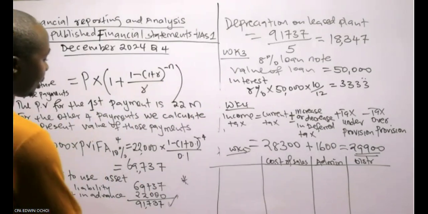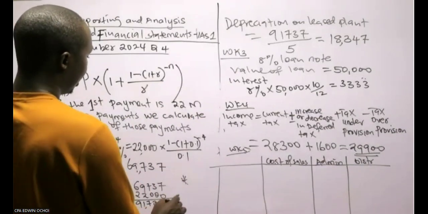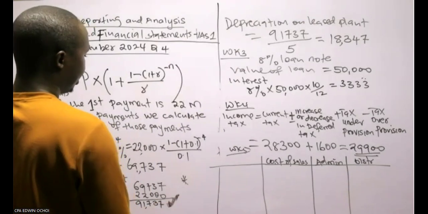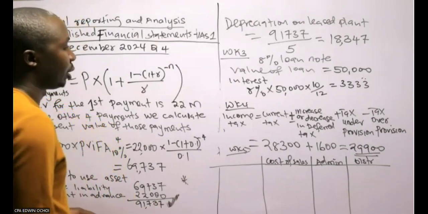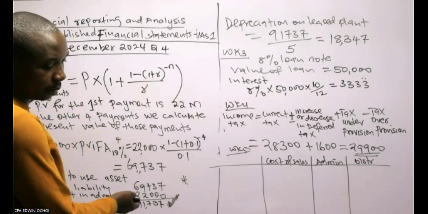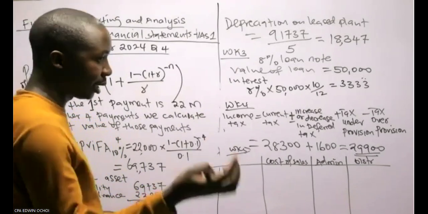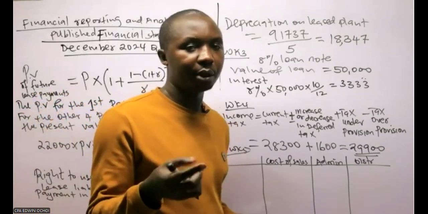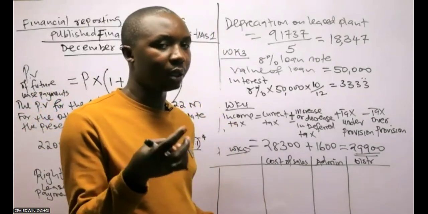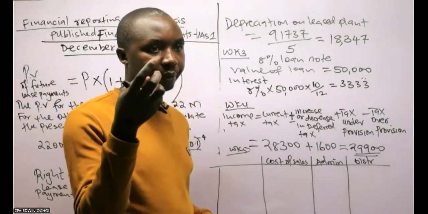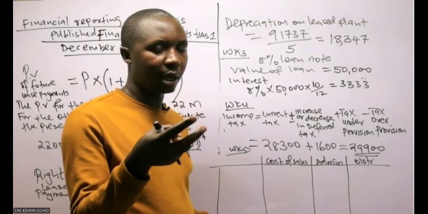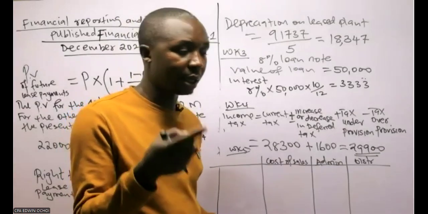So remember that after doing this, we need to do a lease amortization schedule. Because why am I doing this analysis? Once we do it, I will be able to determine the interest, the short-term liability and long-term liability. Interest goes to the income statement, short-term liability under current liability, and long-term liability as a non-current liability.